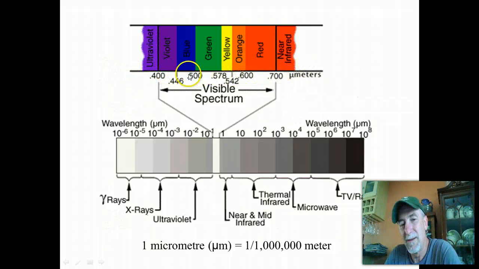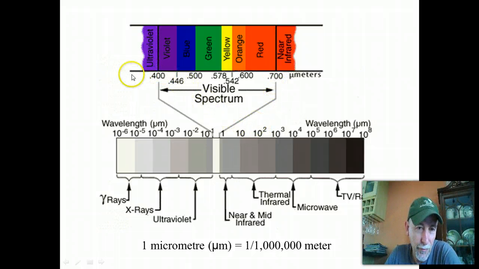In other words, these are not sharp boundaries between colors that we can see. It is a more or less smooth transition from one type to another. The visible spectrum has a very small range in the broad spectrum of electromagnetic radiation, ranging from about 0.4 micrometers to about 0.7 micrometers.